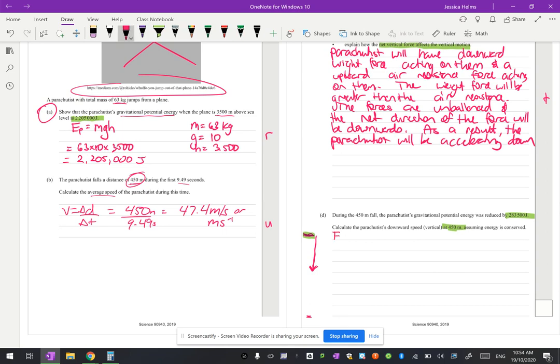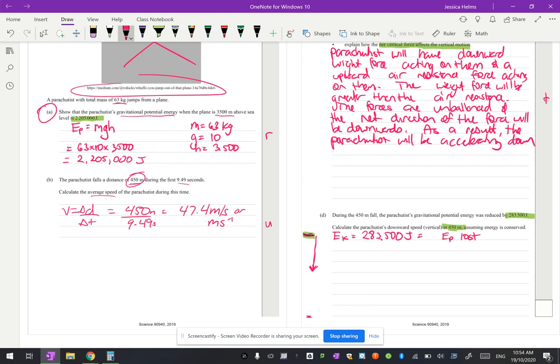So their kinetic energy is now 283,500 joules, because that's been lost by the potential energy, so therefore it's been gained by the kinetic energy. So that's the first bit here: the kinetic energy is equal to the potential energy lost.